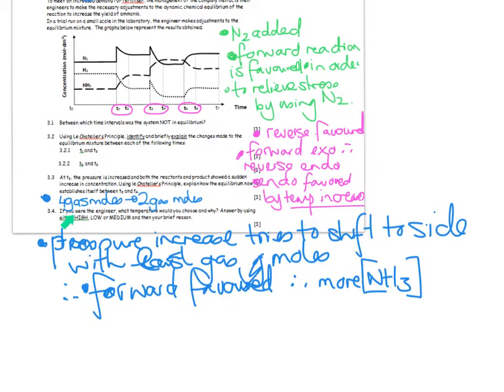Then it says to you, if you were the engineer, what temperature would you choose and why? By using either high, low, or medium, and then a brief reason. Now, obviously, the first thing is that to favor the forward, you've just said the reverse is favored by a temperature increase. So if you want to favor the forward, you're going to have a temperature decrease. So I'm going to write temp decrease favors forward.